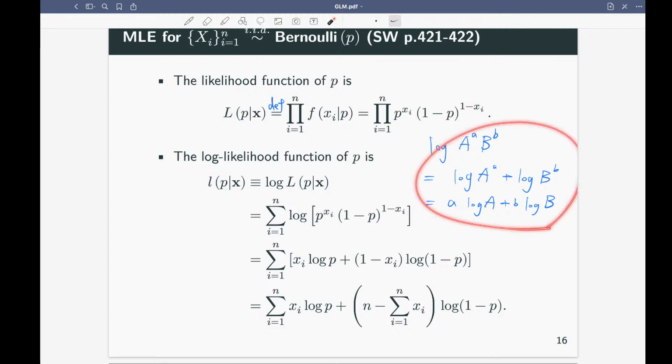And then we use this rule to transform this term. Okay, so xi log p plus the 1 minus xi times the log 1 minus p. And we use this summation here and summation here. So summation of the 1 is n. And summation here is xi, and n minus summation xi times the log 1 minus p. Okay, this is a log likelihood function.